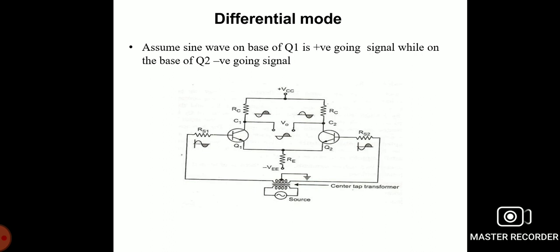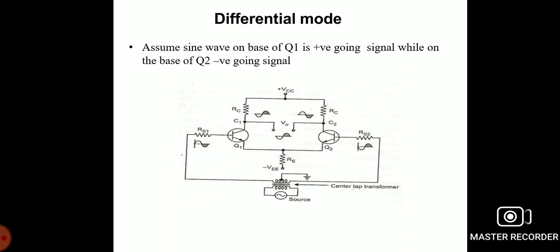Due to the positive going signal at the base of Q1, the current increases in the emitter resistance, and hence a positive going wave is developed across RE. Due to the negative going signal at the base of Q2, a negative going wave is developed across the emitter resistance because of the emitter follower action of Q2.